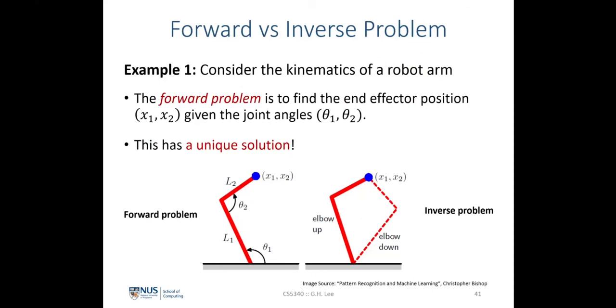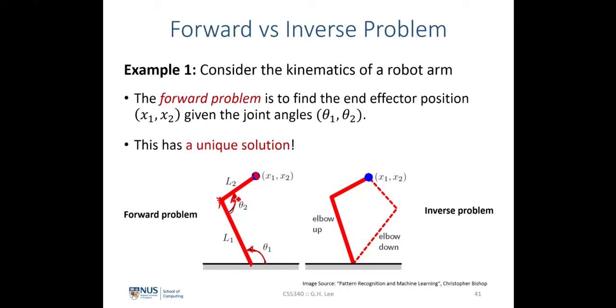Consider the kinematics of a robot arm. So the forward kinematic problem is to find the end effector. This is the end effector. This is the robotic arm with just two joints over here. So this is joint number 1 and this is joint number 2. Assuming that this is a planar manipulator arm, we can only manipulate the in-plane rotation angles theta 1 and theta 2 over here.